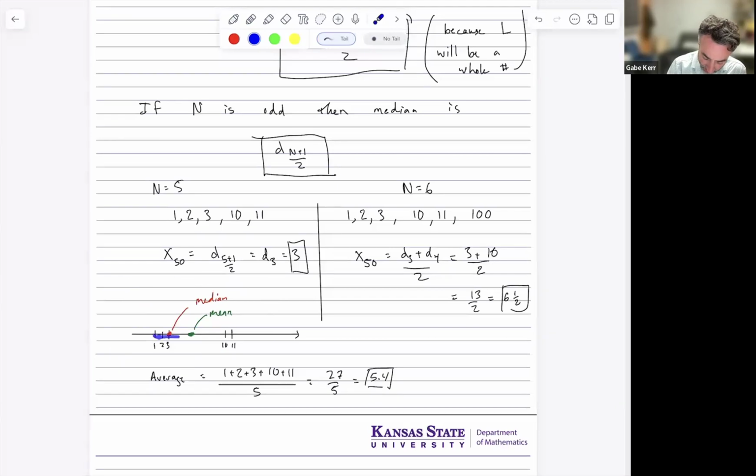The mean, if I were to make a teeter-totter, will be that point where everything is balanced. If at each of those 1, 2, 3, 10, and 11, we put a single mass of weight, say a pound, this is where you would get balance in that teeter-totter. The median, you would definitely not get balance. The right-hand side would kind of fall down.